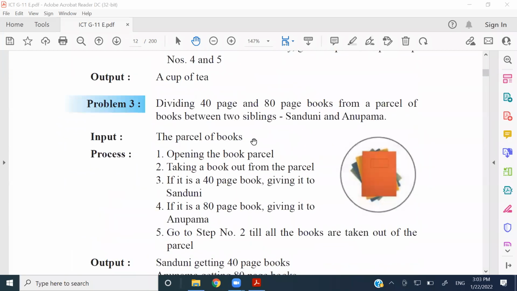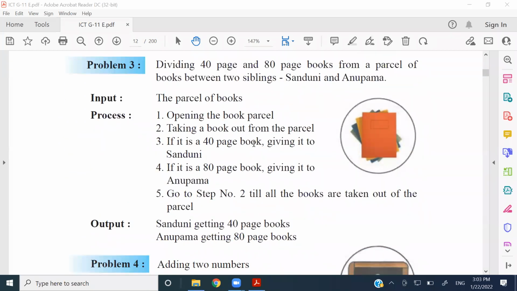And here we had an iteration as well, because we take a book and we check it: if it is a 40-page one, it goes to Sanduni, and if it is an 80-page one, it goes to Anupama. And that is just regarding one book. So if we are considering a stack of books, we have to consider the second one as well.